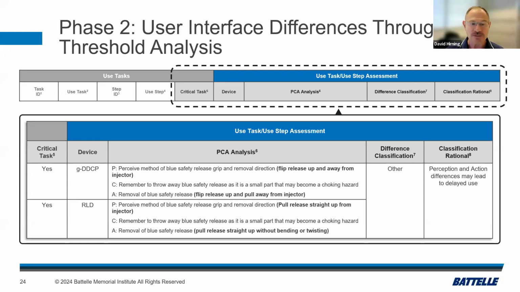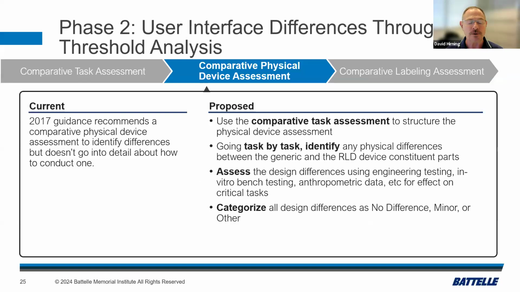On the generic, it was a flip up and away from the injector, whereas on the RLD, it was a pull straight up from the injector. So we classified those differences as other, and the classification for that was perception and action differences may lead to delayed use. Now, I won't be going through all of the tables in as much detail moving forward, but that gives you an idea of how it moves forward.